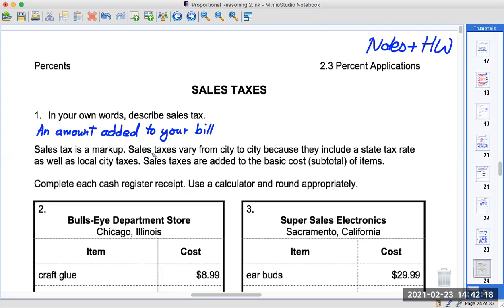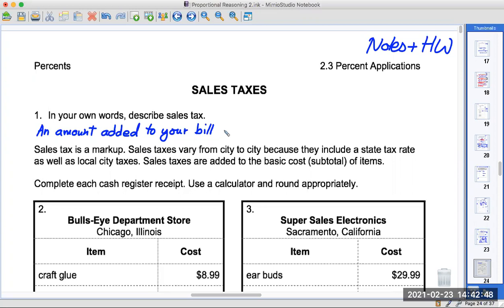You don't pay sales tax on food items at the grocery store unless they're prepared. Like if you buy a prepared chicken at Albertsons and they already cooked it for you, you have to pay sales tax. If you cook it yourself, you don't. Or if you go to McDonald's and buy food that's prepared, you pay sales tax. So the only thing you don't pay sales tax on is food that has not been prepared, like groceries.